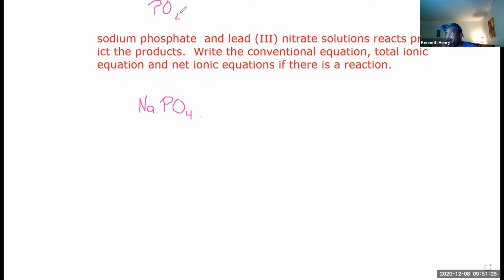Can you guys see my writing up here? How many sodiums? What is the charge on sodium? Plus 1. That's right. So it would be Na plus 3? No, plus 1, right? So it always has to be balanced out.